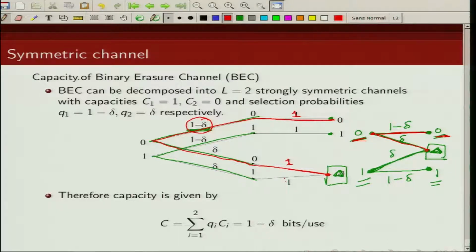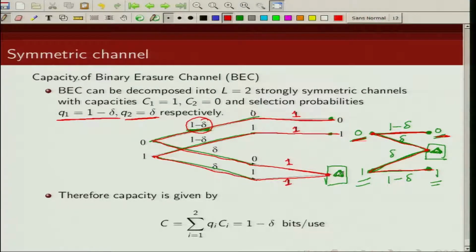And likewise, from 1 to the erased state, again this probability is delta, so this delta times this should be delta. So, this probability is 1. And similarly, from 1 to this, the probability is 1 minus delta, and since the selection probability is 1 minus delta, this has to be probability 1. Okay. So, now my selection probability for the first set of channels Q1 is 1 minus delta, and the selection probability for the second set of channels is delta.